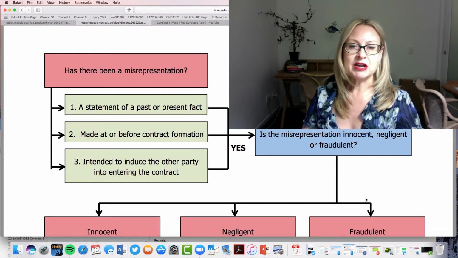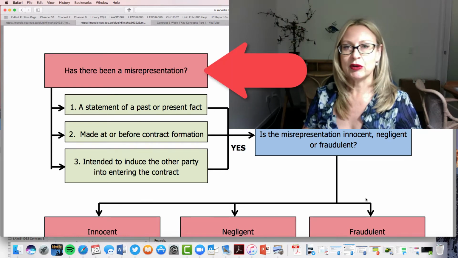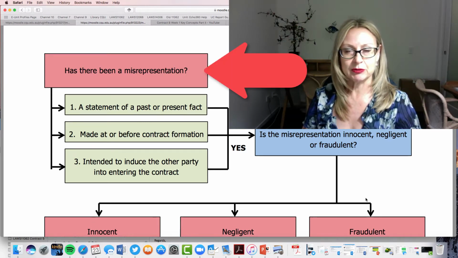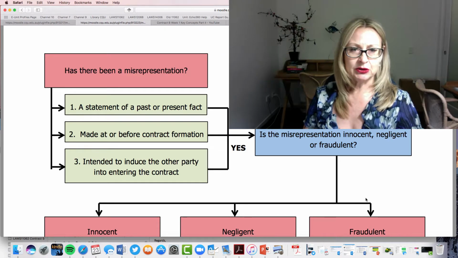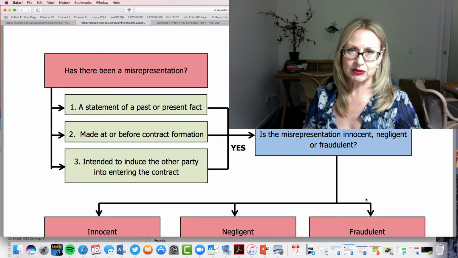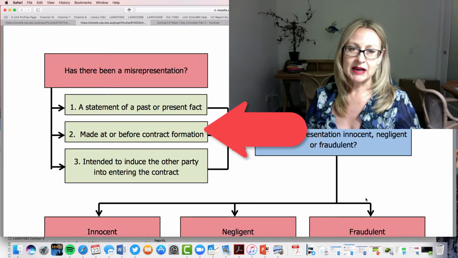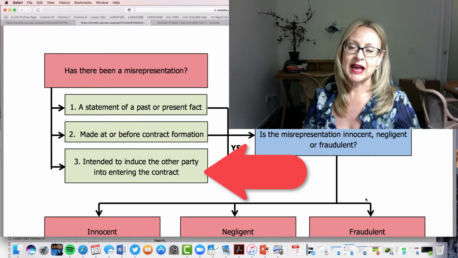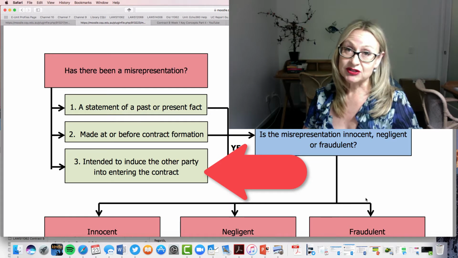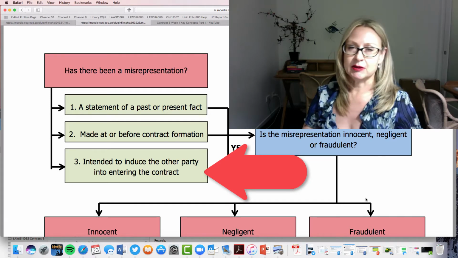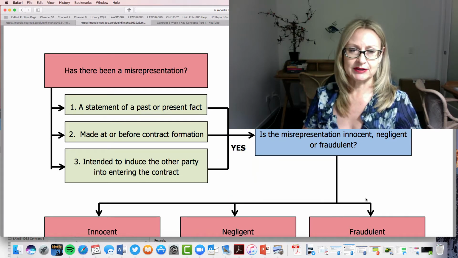The first thing that you look at is whether or not there is an actionable misrepresentation. Now, in order to have an actionable misrepresentation, it will require essentially 3 elements: a statement of fact made at or before contract formation, and it is intended to induce and in fact does induce the other party to enter the contract.